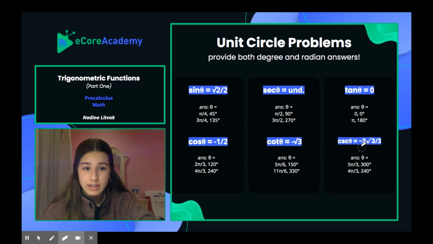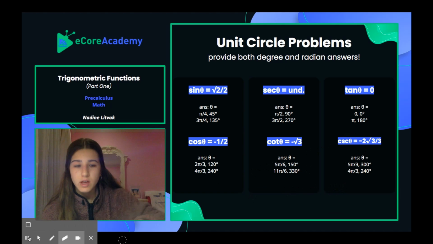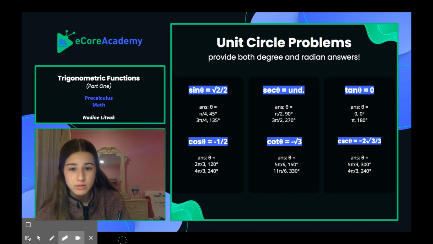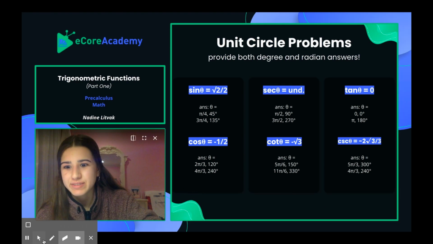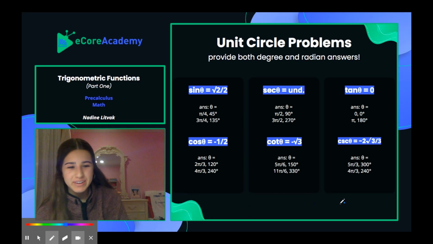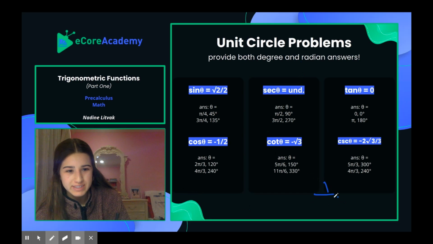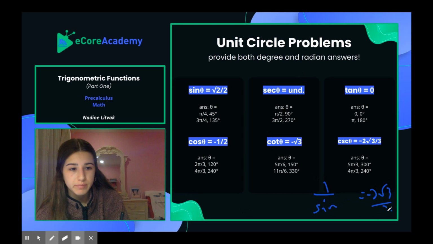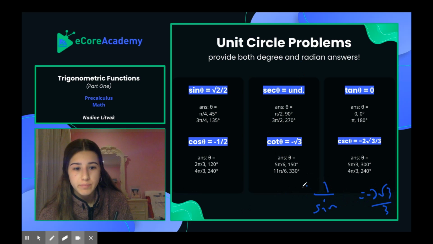Cosecant of theta is equal to negative 2 root 3 over 3. We know that cosecant is 1 over sine. So we need this to equal negative 2 root 3 over 3. We know this looks familiar, right? So 1 over sine.